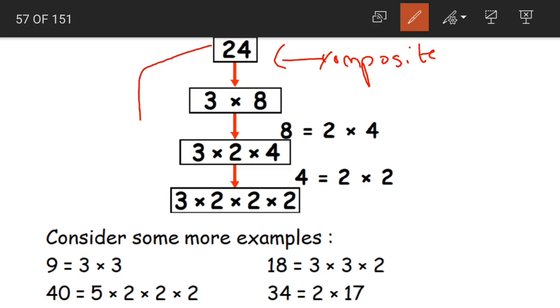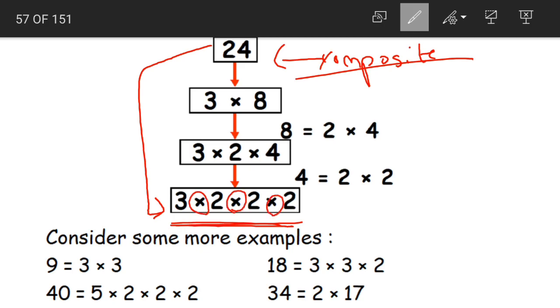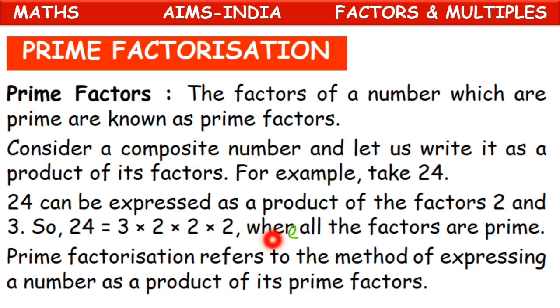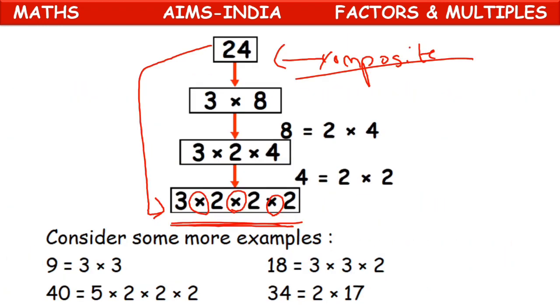We write a composite number as a product of its prime factors. Product means multiplication.